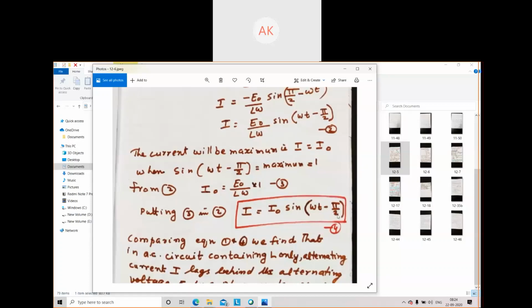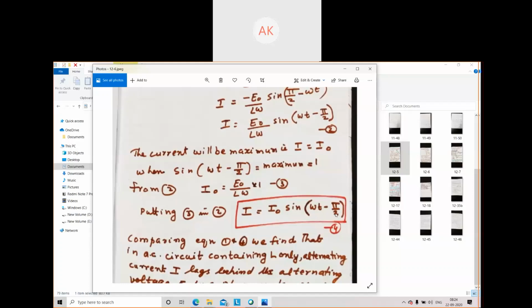So this is the phase difference between EMF E and the current I. E equal to E0 sin omega t is the instantaneous value of EMF applied, and the instantaneous value of current obtained is I equal to I0 sin omega t minus pi by 2.